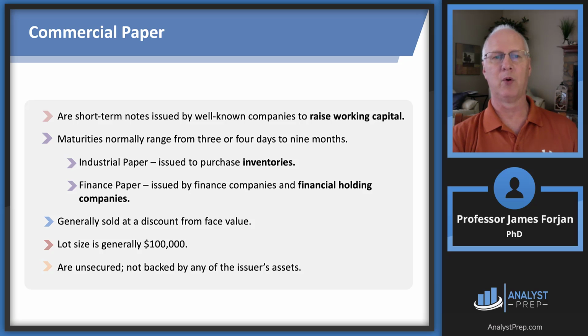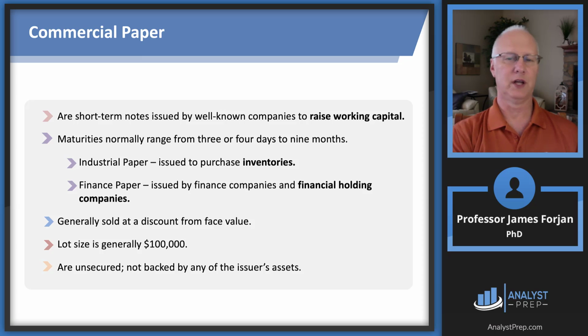Look at the bold over on the right: manage working capital or raise working capital. Maturities usually range from just a couple of days to 9 months. Lots of commercial paper is 270 days because if you issue commercial paper for 270 days, at least here in the United States, then you don't have to go through some extra disclosures and submissions and requirements and regulatory procedures.